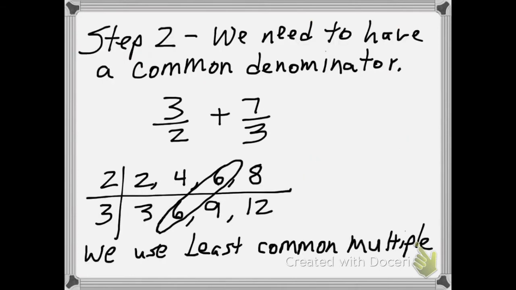Step 2. We have to have a common denominator. So if we don't already have the same denominator in both fractions, that's what we have to do next. We do this using our least common multiples. This is why we skip count.